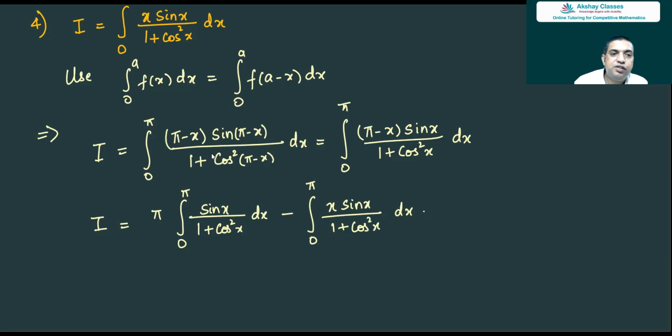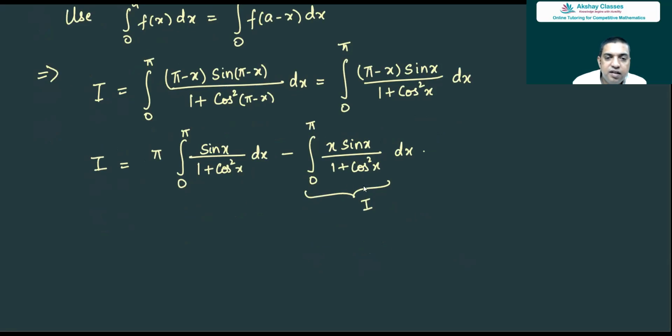What is this? This is the original integral I. So I plus I becomes 2I is pi into integral 0 to pi sine x by 1 plus cos square x.